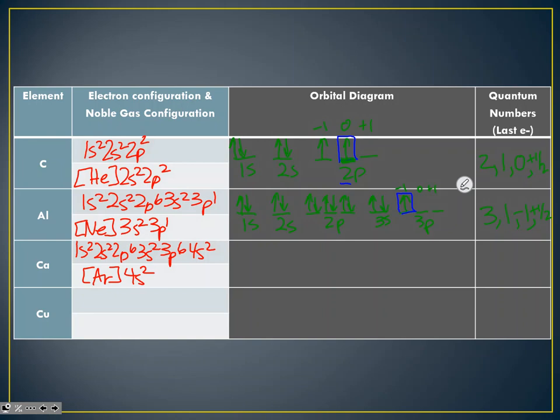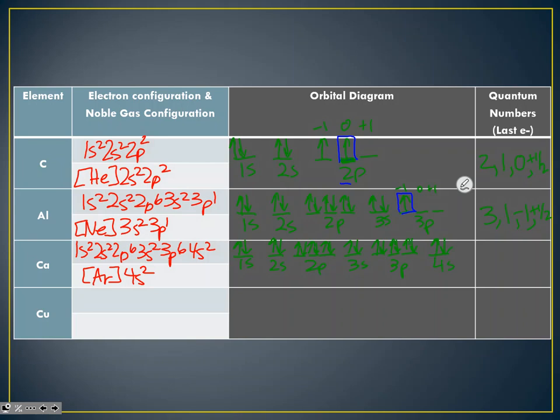Now, orbital diagram. 1s, fill that in. 2s, fill that in. 2p, 1, 2, 3, 4, 5, 6. 3s, 1, 2. 3p, 1, 2, 3, 4, 5, 6, and then 4s filled.